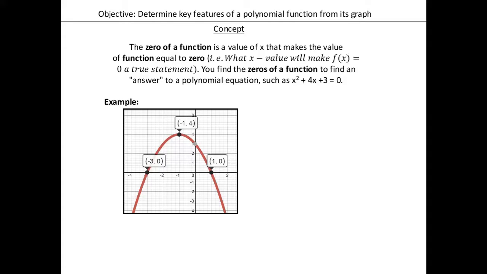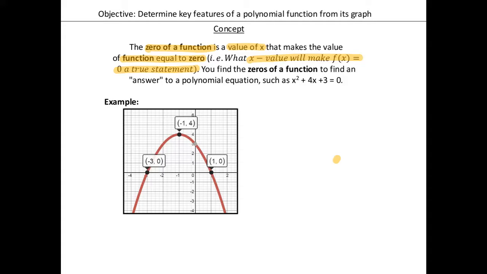Just for vocabulary, I don't think that this is on your notes anywhere, so you're kind of just listening at this point. The zero of a function is a value of x that makes the function equal to 0. In other words, you're looking for what x value will make f of x equal 0, a true statement.